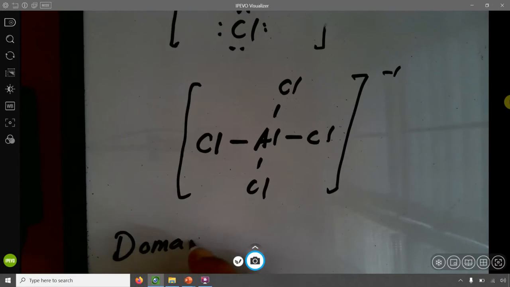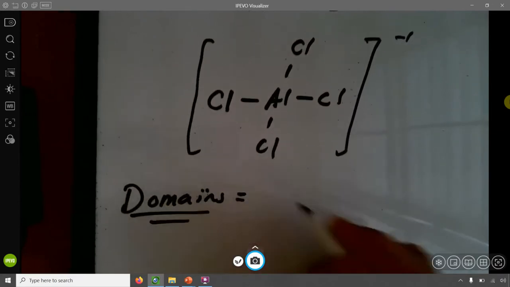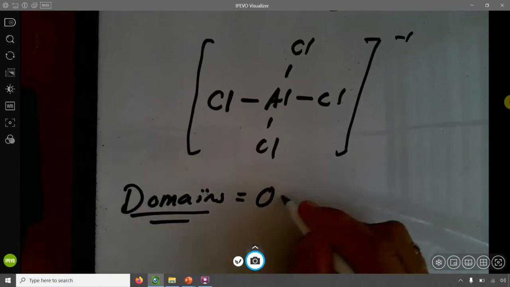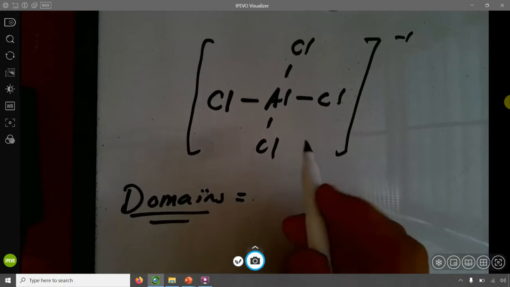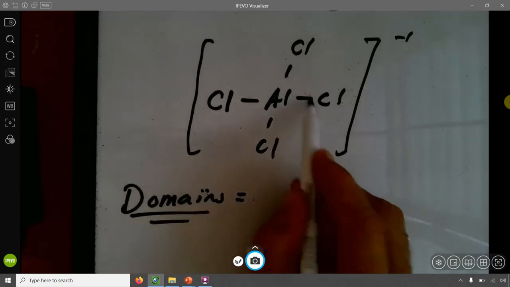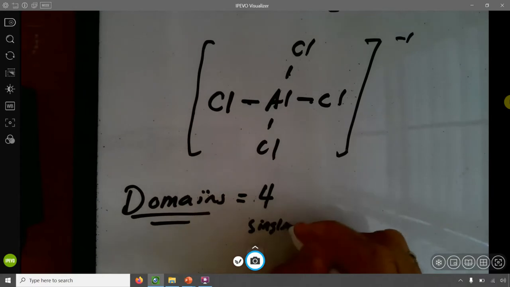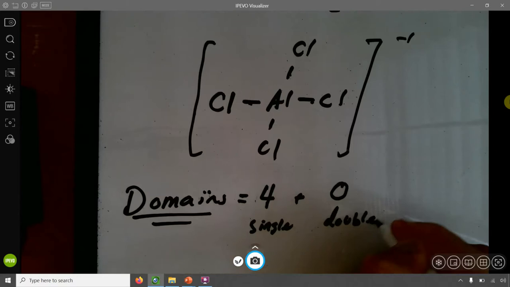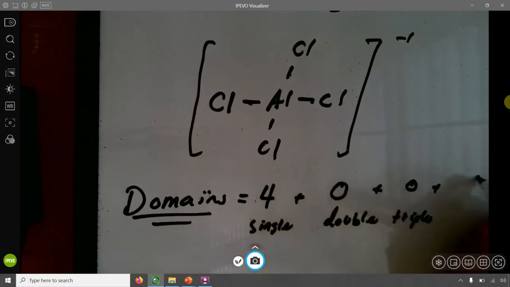Okay, so domains, you only look at the central atom, Al, and it's the number of single bonds, plus number of double bonds. Sorry, what am I talking about? How many single bonds do we have? 1, 2, 3, 4. 4 single bonds, 0 double bonds, 0 triple bonds, 0 lone pairs.